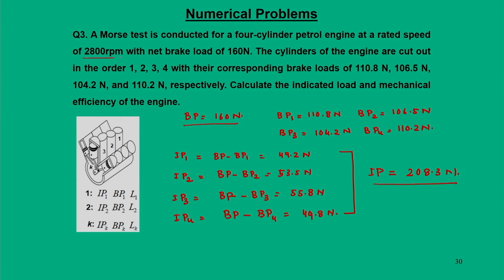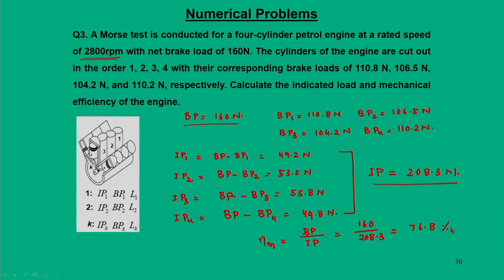So, we already know BP, and we know indicated power. Since our engine is running at the same RPM in all the cases, we can directly say that mechanical efficiency is nothing but BP by IP, that is 160 by 208.3. So, this is 76.8%.